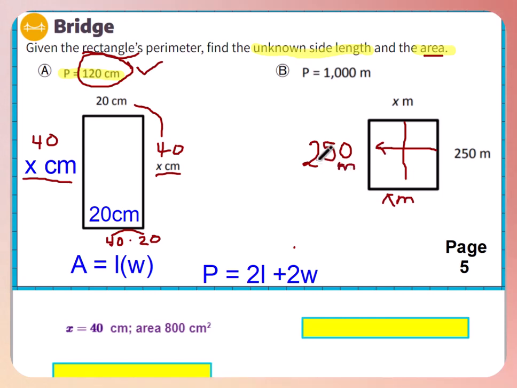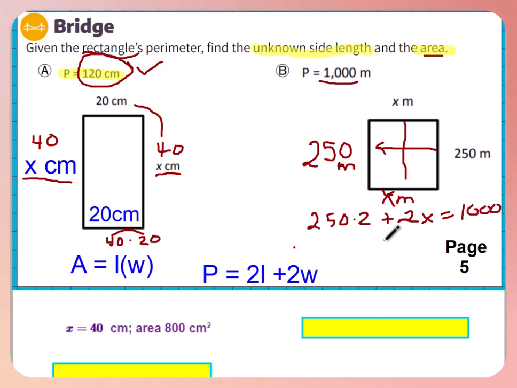So what do we have here? We have 250 twice. So 250 times 2 plus, that's an x, plus 2x is equal to, this time our perimeter total is 1,000.